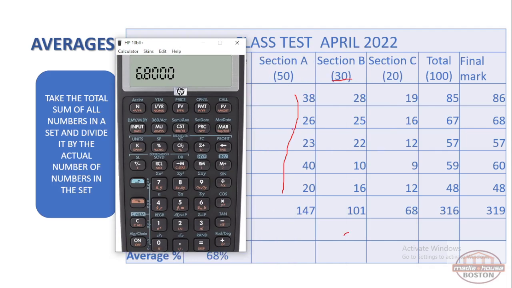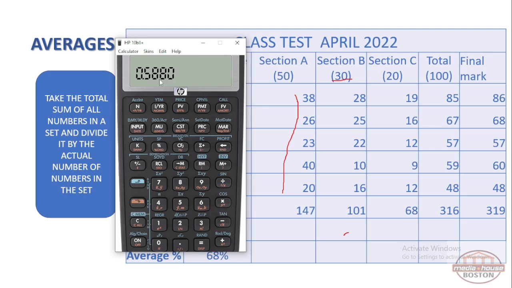So here it's out of 50. So everything is out of 50, out of 50, out of 50, out of 50, out of 50. That's 50, 100, 150, 200, 250, meaning that this is 147 out of 250. So I'll get the exact percentage by doing that, which is 0.588.